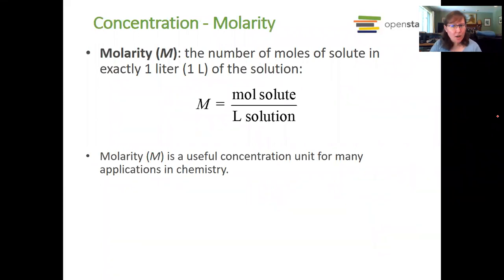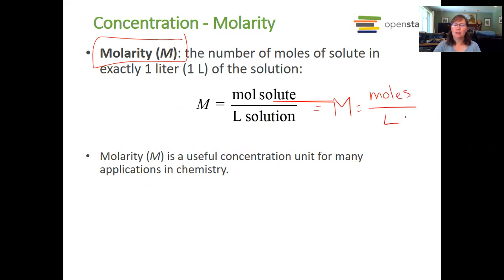One of the most common ways that we describe concentration is with molarity. Molarity is the number of moles of solute in exactly 1 liter of solution. A lot of times you'll also see this written as molarity equals moles per liter. Molarity, capital M, is a useful concentration unit for many applications in chemistry.